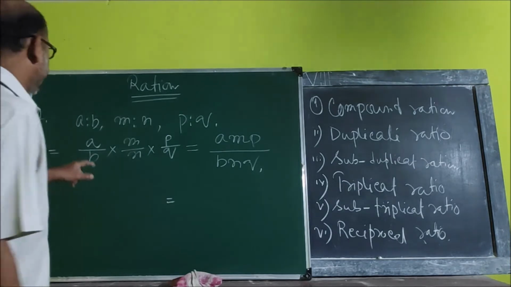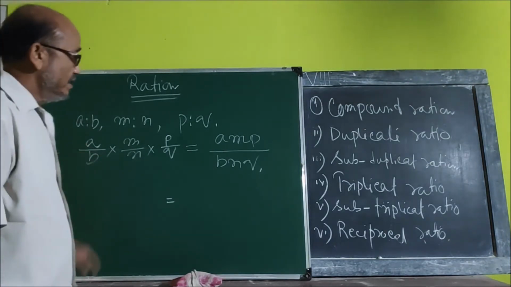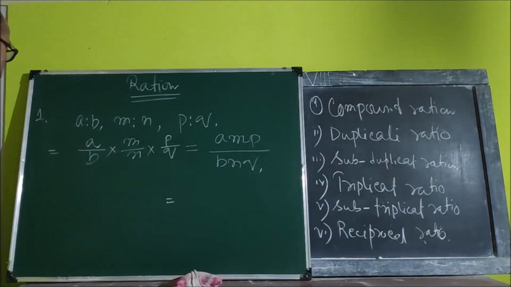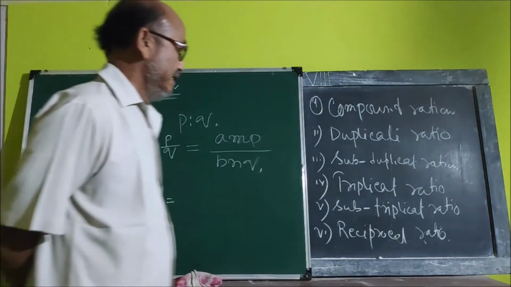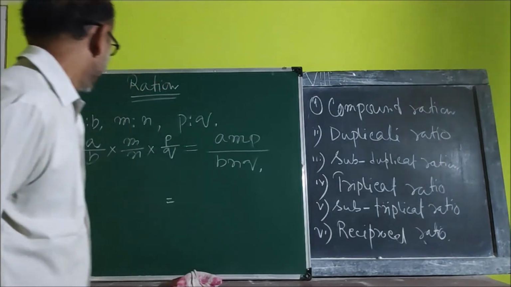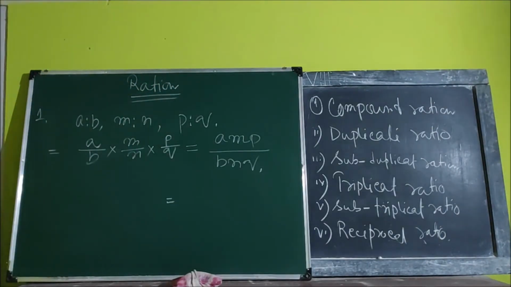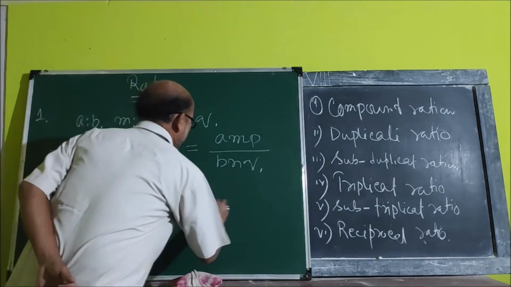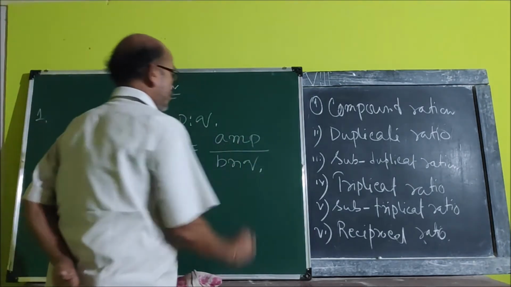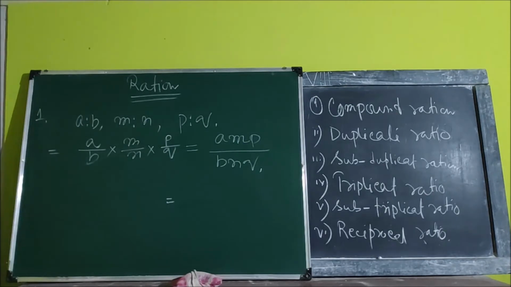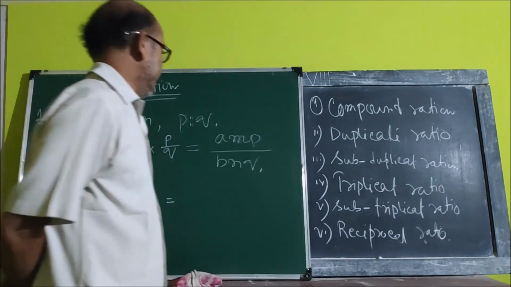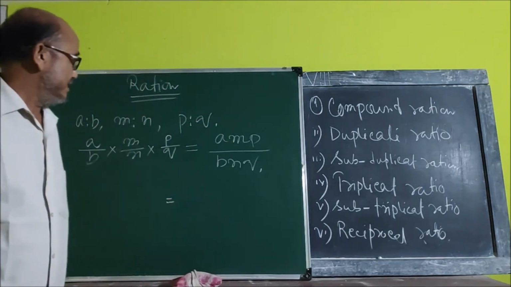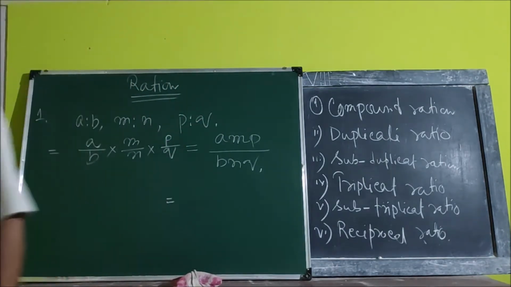Now in a ratio, the upper one is called the antecedent and the lower one is called the consequent. So the upper one we can write as the product of the antecedents, and the lower one is the product of the consequents.